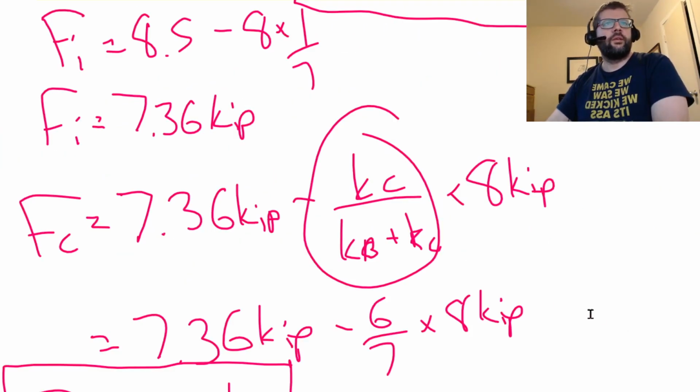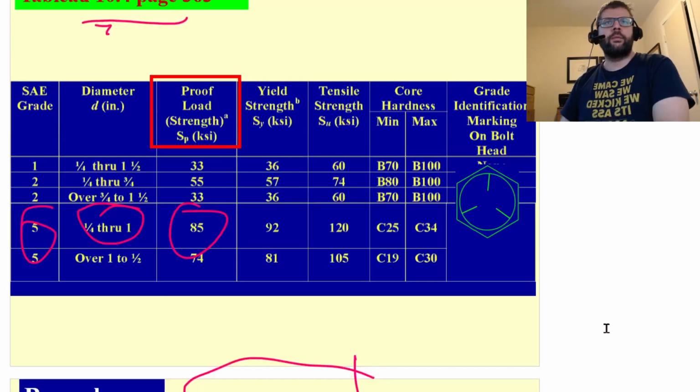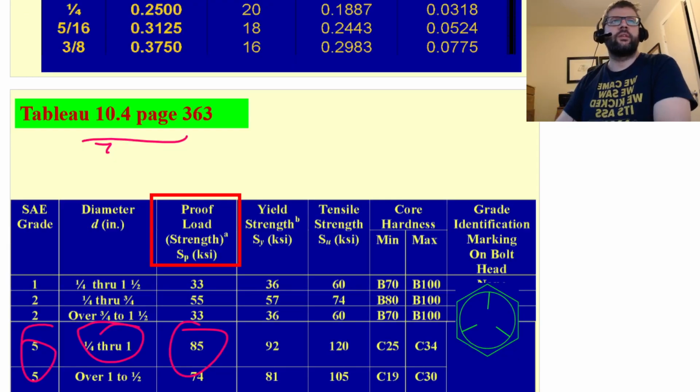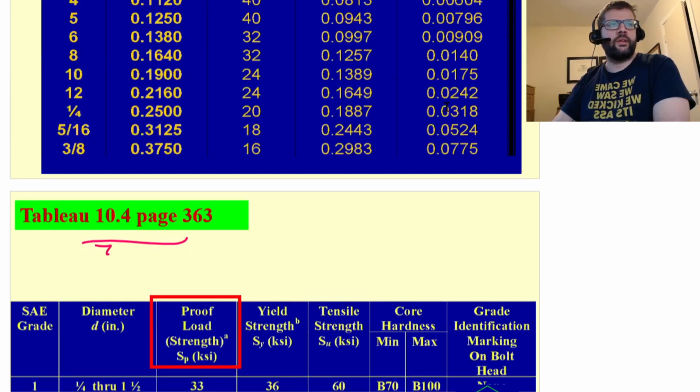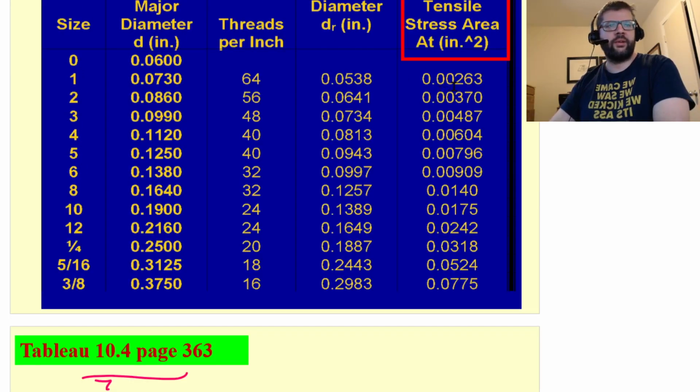So we've got the proof load, and we also need the thread area. For the coarse threads, let's see, that table doesn't quite go up to half. It was half-inch UNC grade 5 bolt, right?